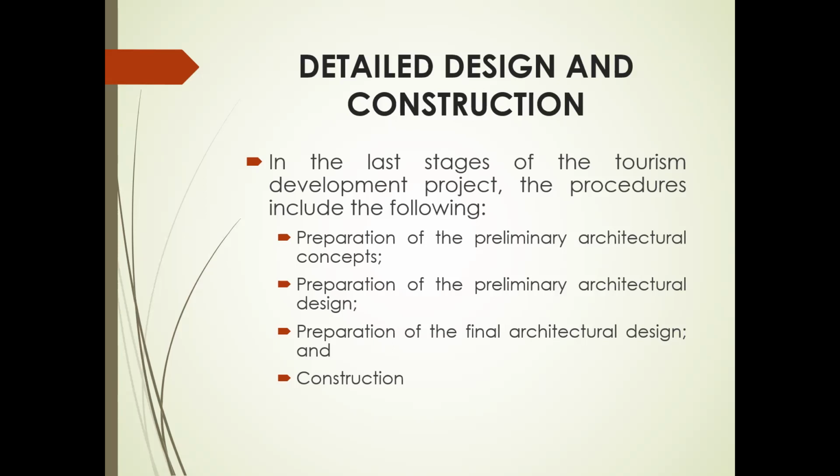First, preparation of preliminary architectural concepts, followed by the preparation of preliminary architectural design, then preparation of final architectural design and construction of the project. In each of the stages, the drawings become more detailed and exact. So when the final drawings have been approved, the construction of the project may then start.